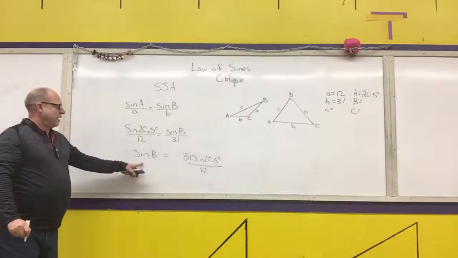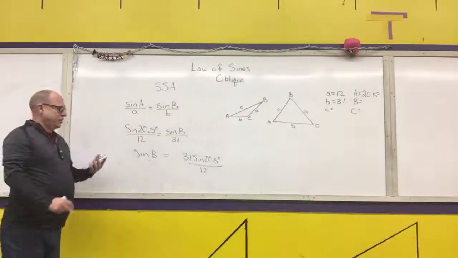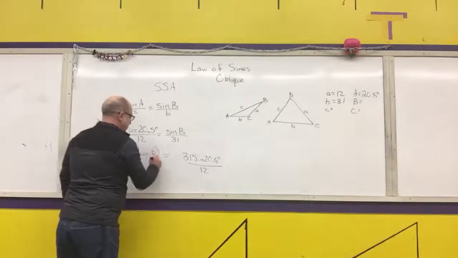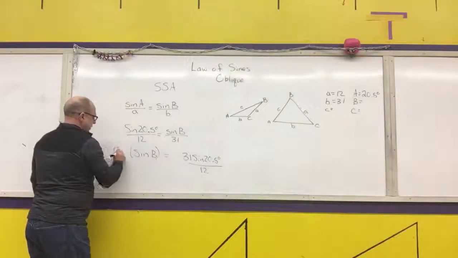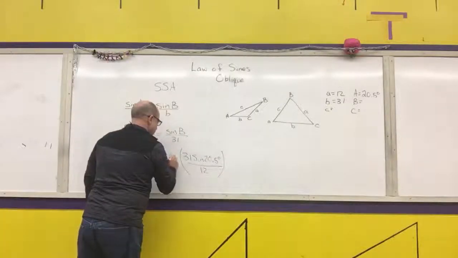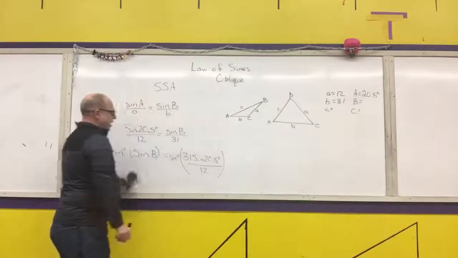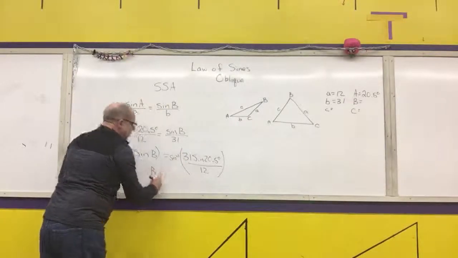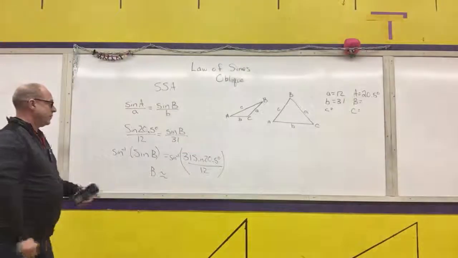But I don't want the sine of B, I just want B. So in order to find B, I am going to take the inverse sine of both sides. And then that'll tell me what B is approximately equal to. And I'm going to round to 1 decimal point.